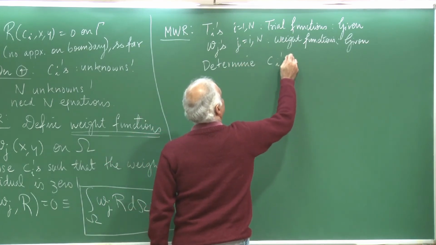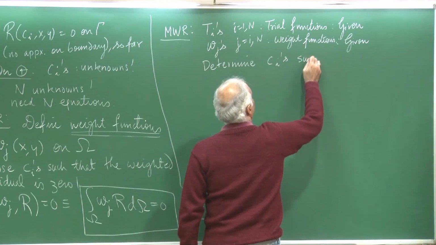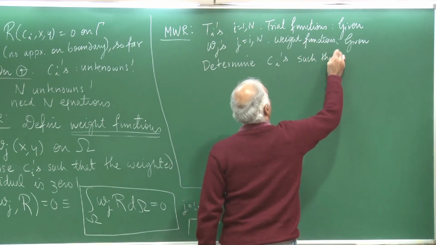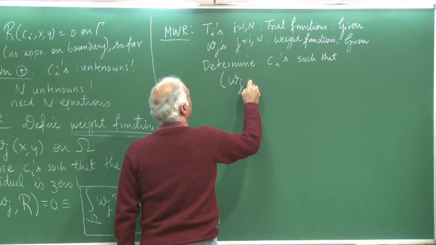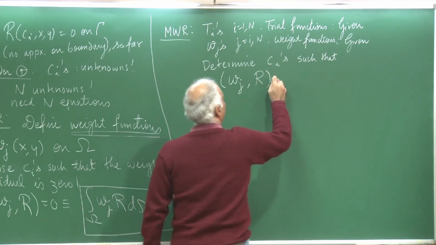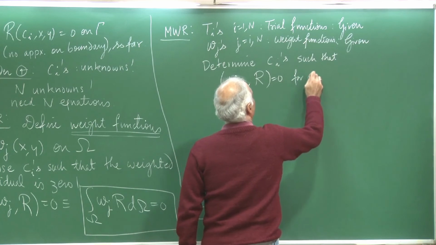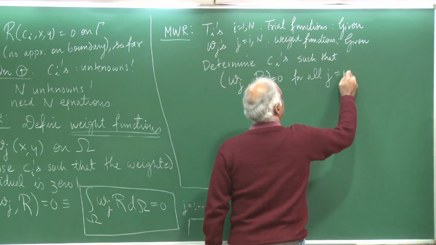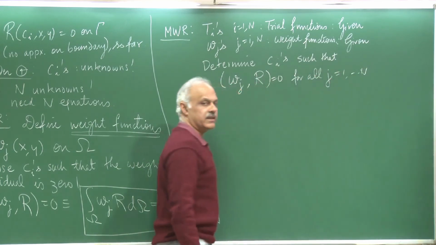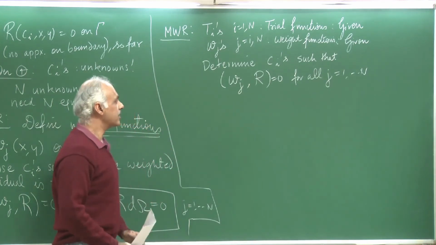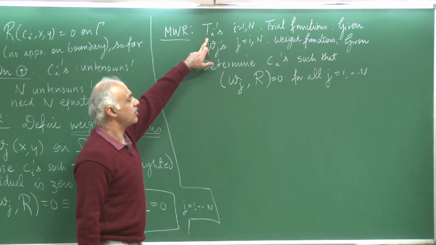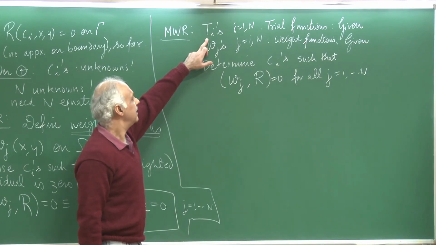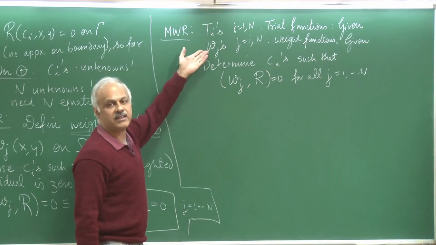Ci's such that the inner product of Wj, r is 0 for all j going from 1 to n. Okay, so I hope now the method is clear. I am going to represent the solution in terms of these trial functions, and then I choose n weight functions.